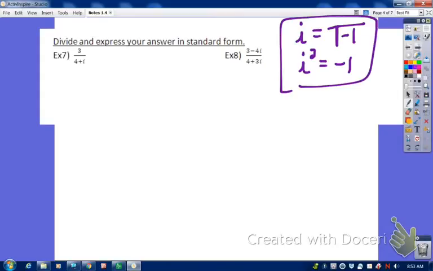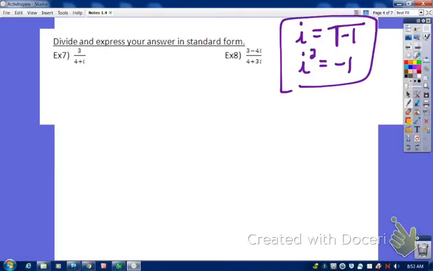Okay? So in example 7, if we're dividing by 4 plus i, we can't leave the i in the denominator because it's really the square root of negative 1. And remember, we have a rule that we can't leave radicals in the denominator. We could have the 4 in the bottom, but we just can't have the i.